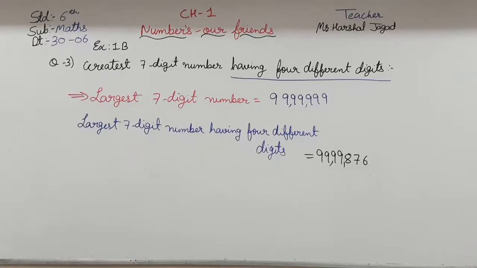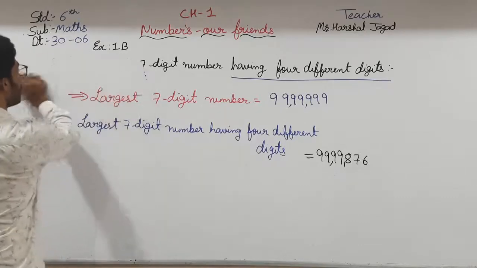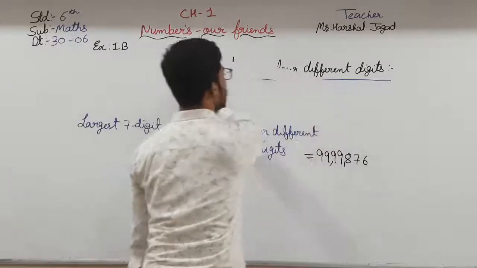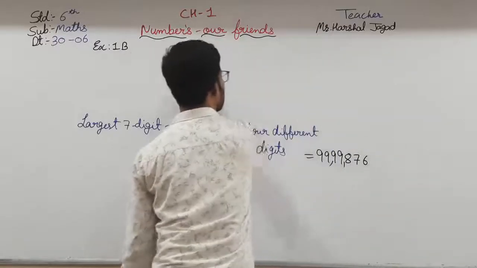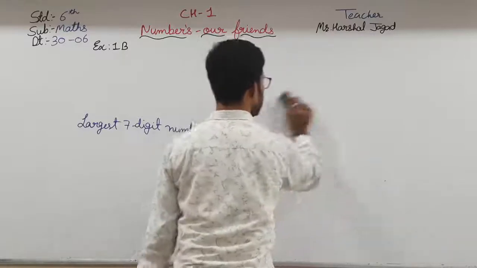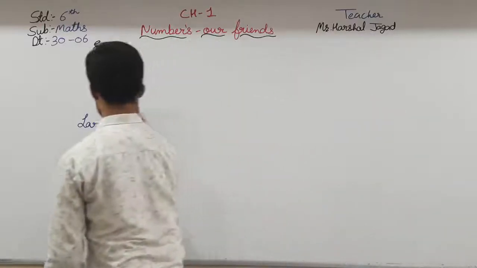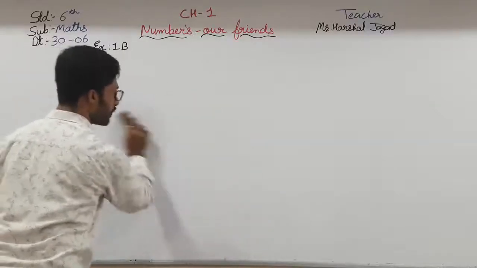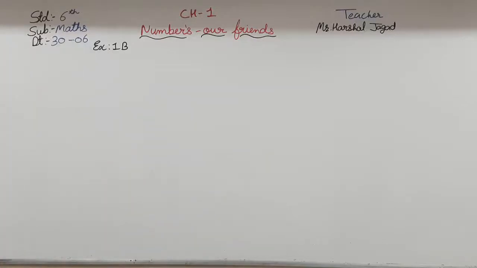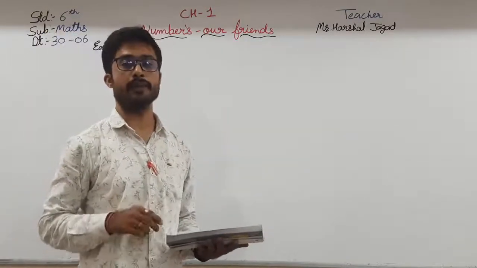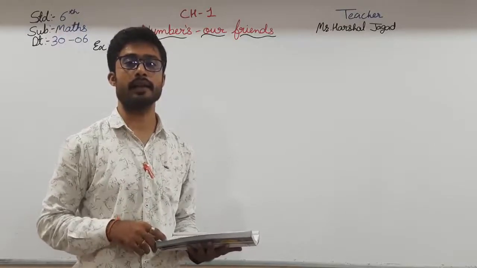Okay, have you written this down, students? Moving towards question number 4. The next question is: how many 6-digit numbers are there in all?